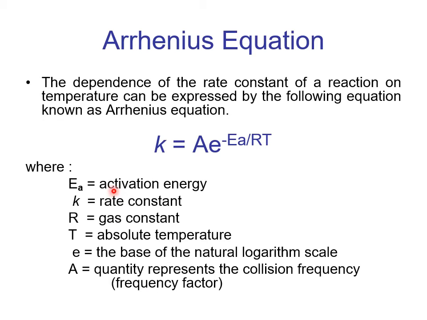As you can see here, the primary Arrhenius equation is k equals A, the frequency factor, exponential to negative EA, activation energy, over R, the gas constant or energy constant, and T is the absolute temperature. We need to add 273.15 for calculation using the Arrhenius equation.